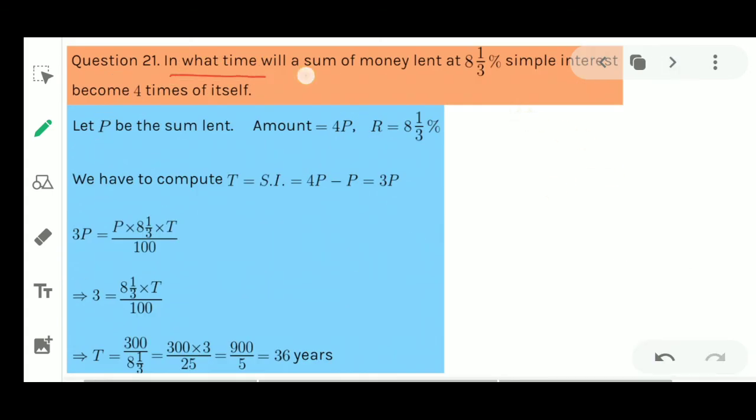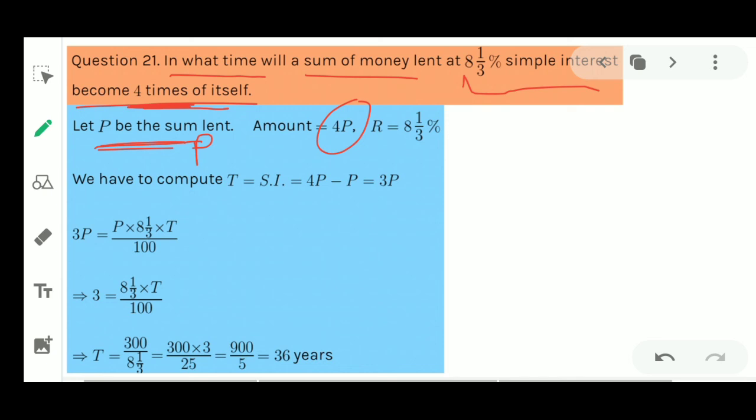In what time will a sum of money lent at 8 whole 1 by 3% simple interest become 4 times of itself? So here let p be the sum. P the sum means principal. So if principal is p, then it becomes 4 times of itself, that means amount is 4p.